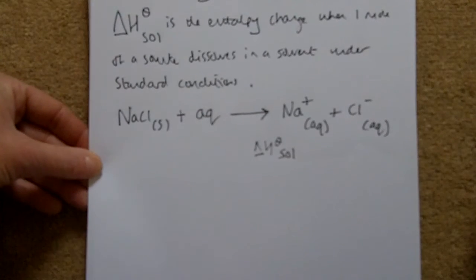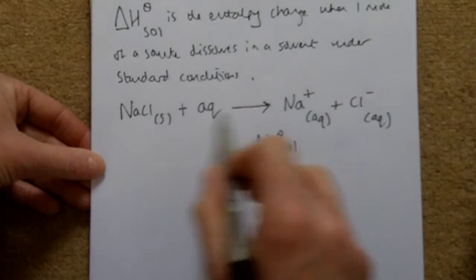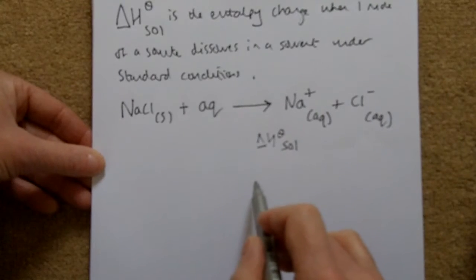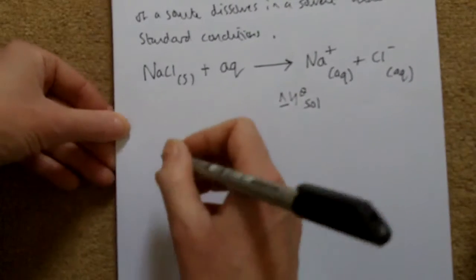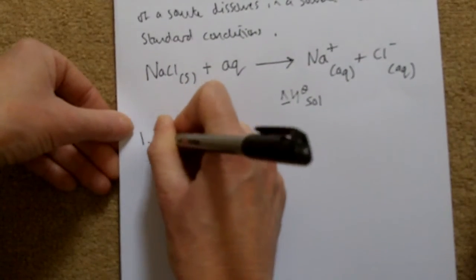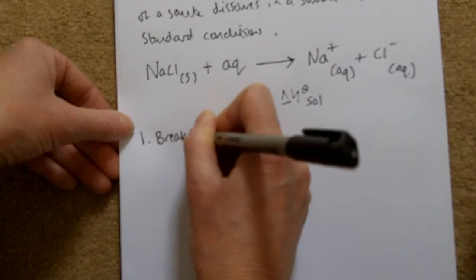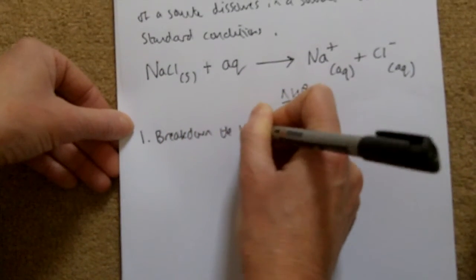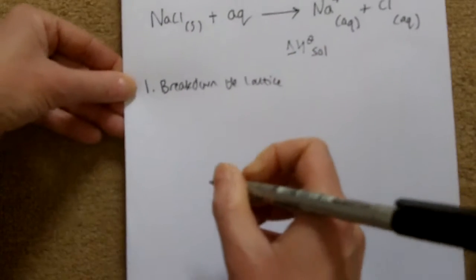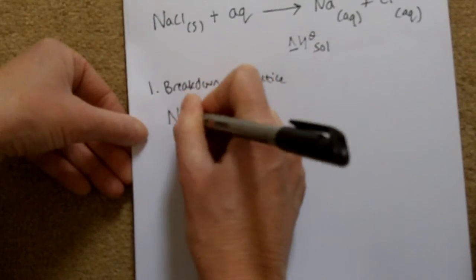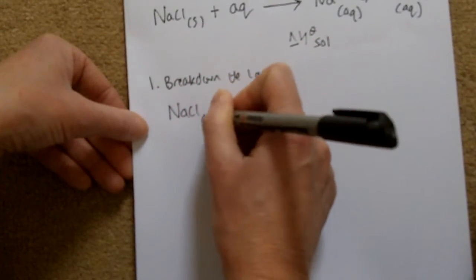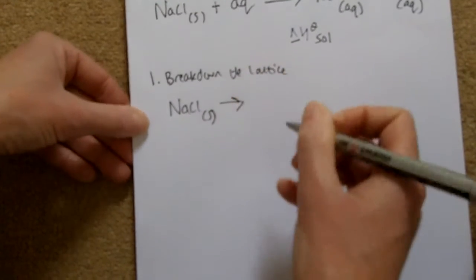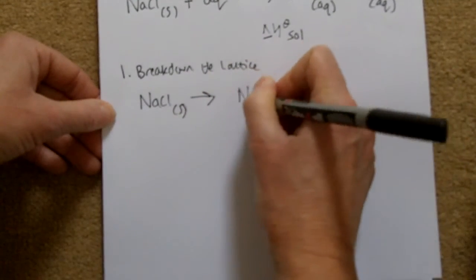Now there's actually two things happening here in this overall equation. There are two things happening, okay? The first thing that happens is you need to break down the lattice. Break down the lattice is the first thing that happens, okay? So if you take the sodium chloride lattice, solid, and you break it down into gaseous ions.